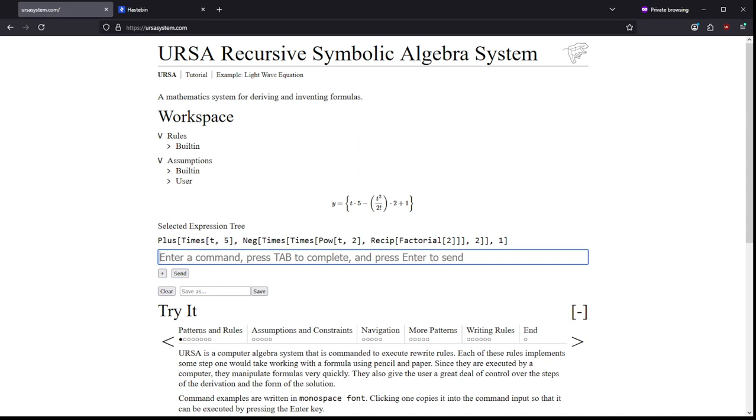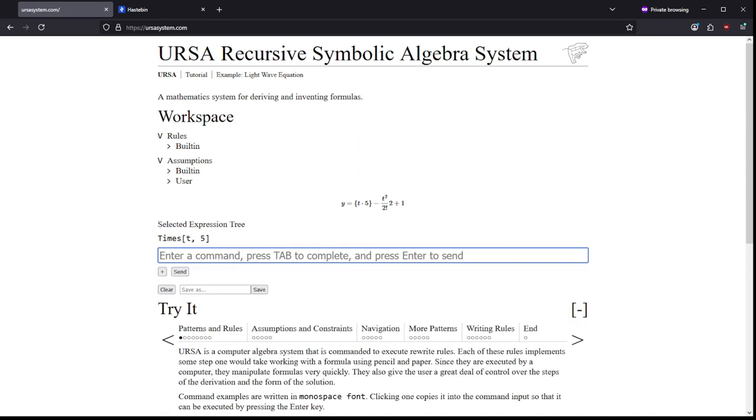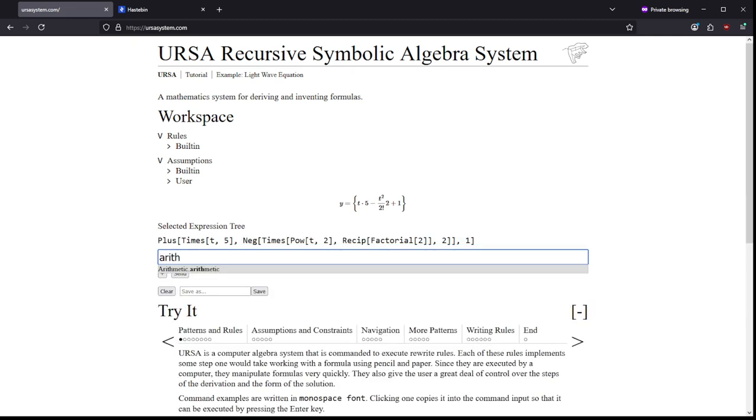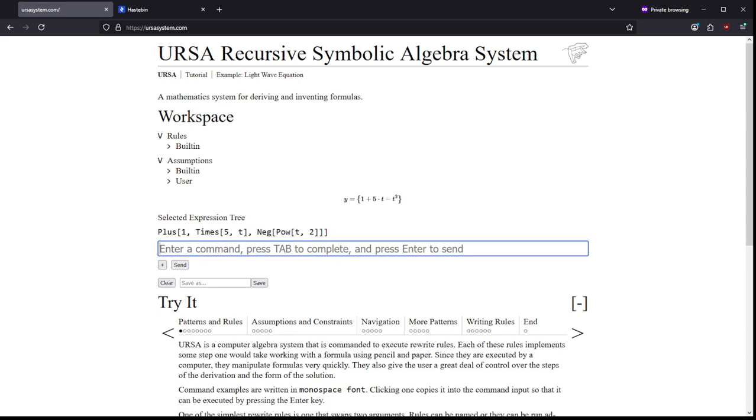We can simplify this a little bit: run the simplify rule, and run the arithmetic rule. This is kind of granular. Actually, simplify could take arithmetic calculations, but they're different rules right now.